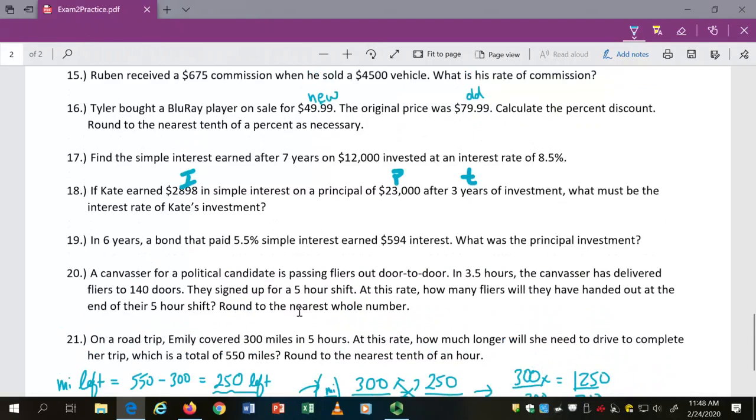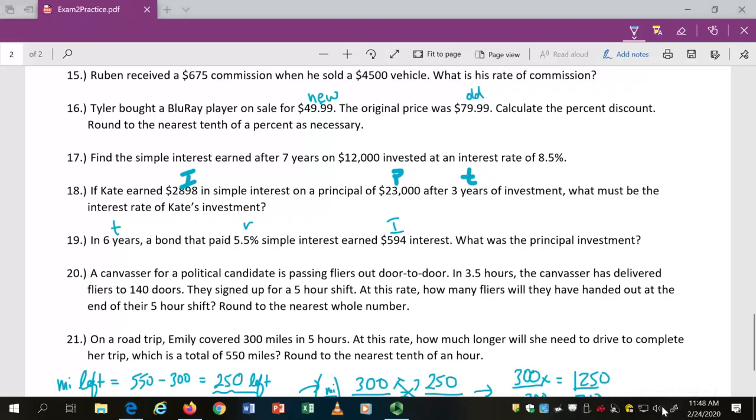So 19, this is just another application of the interest formula, but now I've given you other stuff and I'm asking you to solve. So this one I give you 6 is your time, 5.5% is your rate, and then this is your interest. In this case, what we're missing is P. So it's 594, 6.